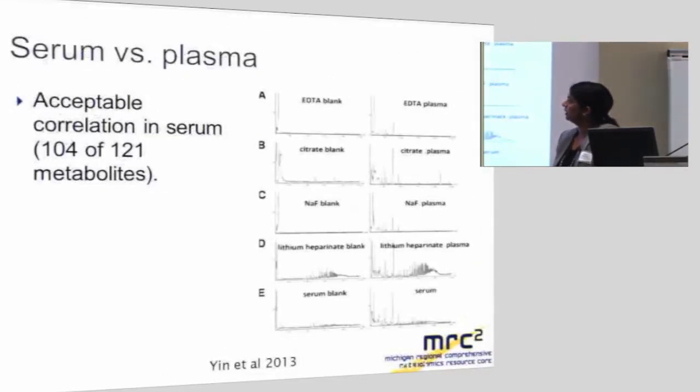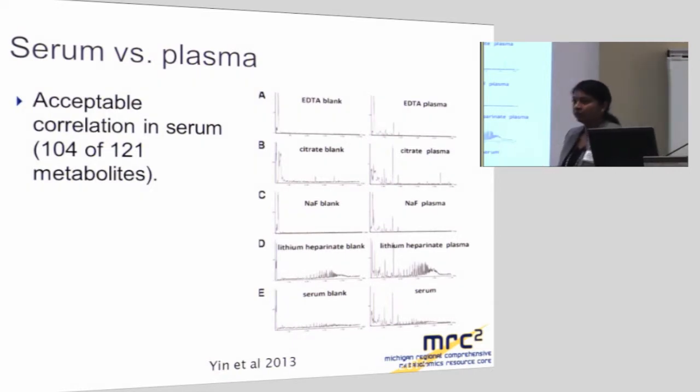This shows the different effects sample collection tubes have on blood collection, whether it's serum or plasma. In this experiment, they took blood from 10 healthy subjects, pooled it together, made a pooled plasma, and collected it in different tubes: EDTA containing tubes, citrate containing tubes, fluoride containing tubes, lithium heparinate tubes, and collected serum with nothing in it.